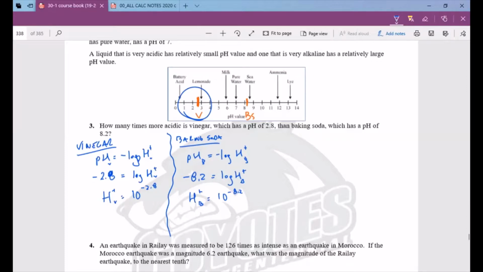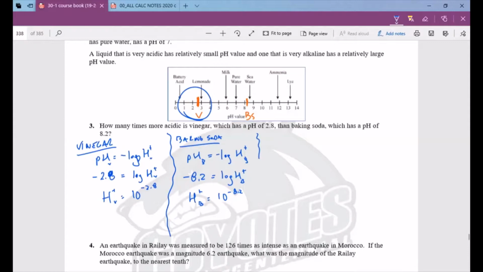We're asking for how many times more acidic the vinegar is, so we'll put that in our numerator. Also be careful about the exponents because these exponents are negative numbers and we're dealing with very, very small numbers. But as long as you follow what happens with our exponent laws, you'll be okay.